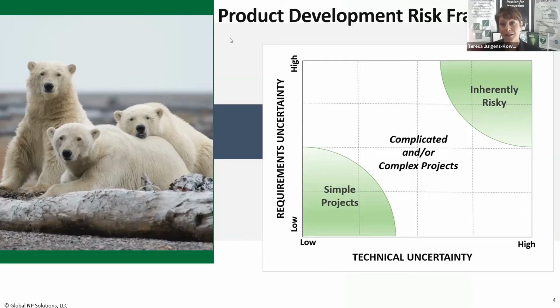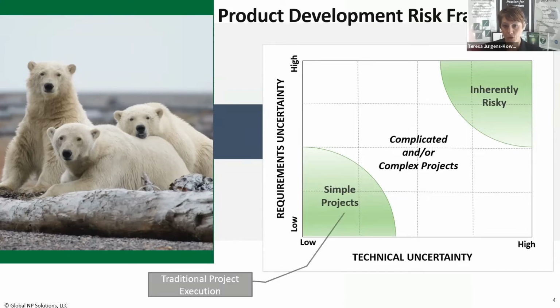I like to think about risk for product development from 2 perspectives. One is technical uncertainty, meaning I don't know how to do something. The other is requirements uncertainty, meaning I don't know what to do. If I take low technical uncertainty and low requirements uncertainty, meaning I know what I want to do and I know how to do it, I would call that a simple project.